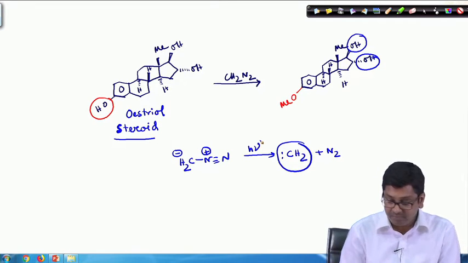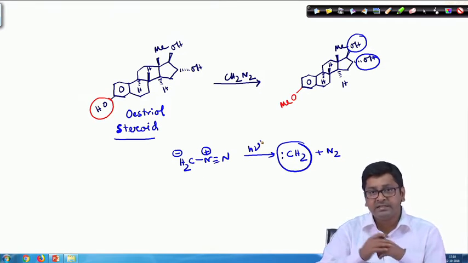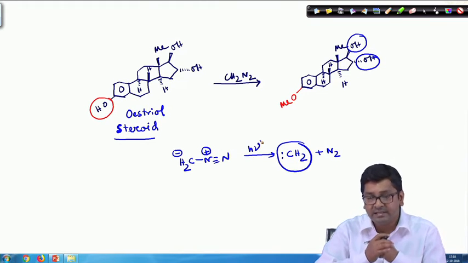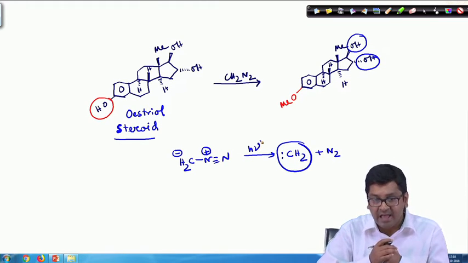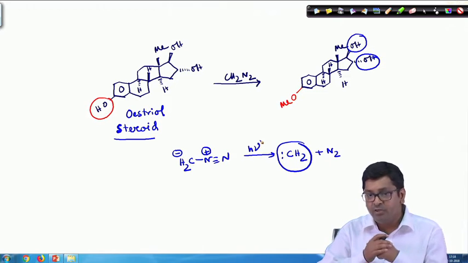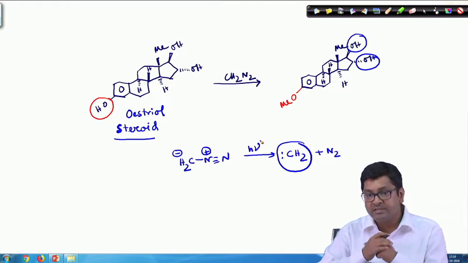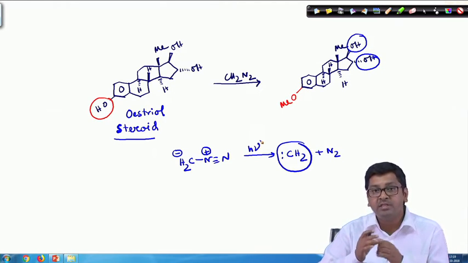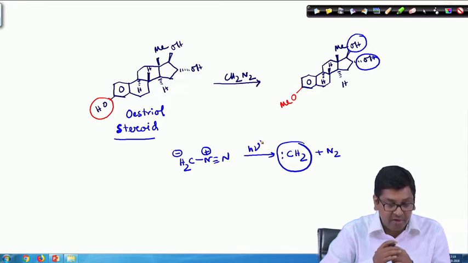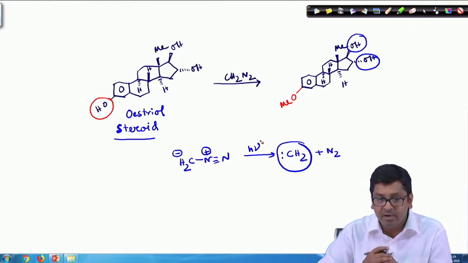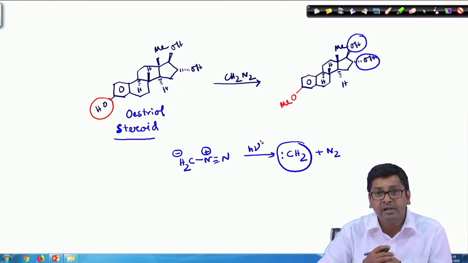Okay. But as we have discussed in my previous class, diazomethane as a carbene precursor, even though it is very much useful, in lots of cases we found that the generation of diazomethane is very tricky. Why? Because it has a lot of limitations.